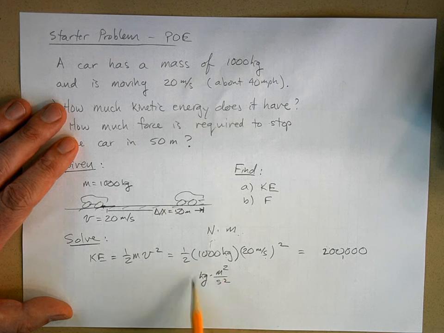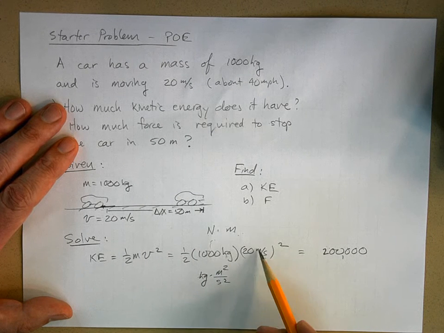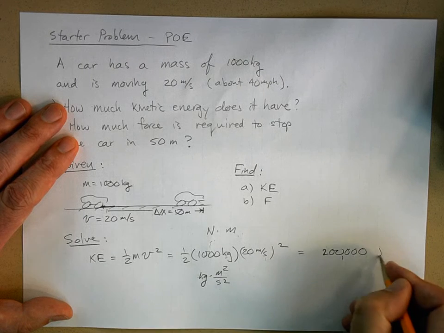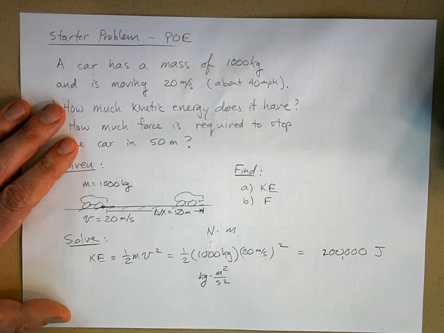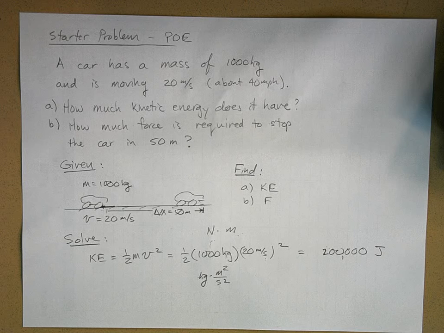And then a Newton times a meter gives you kilogram meter squared per second squared. Well, look what I got here: kilogram, and then you square this, meter squared per second squared. So you really do end up with a joule. 200,000 joules.